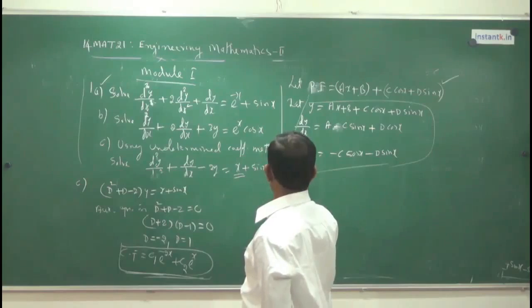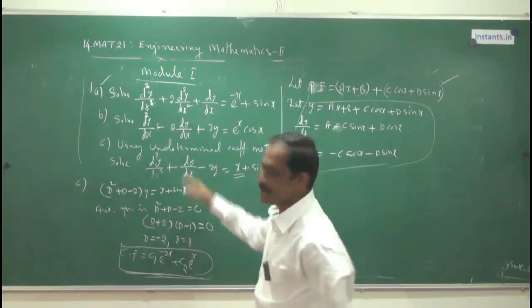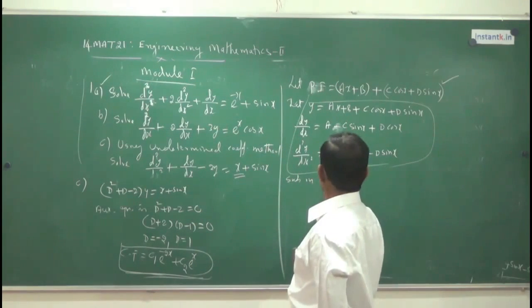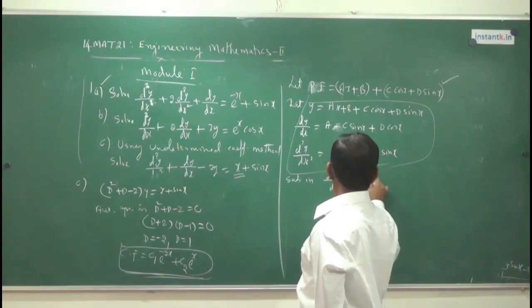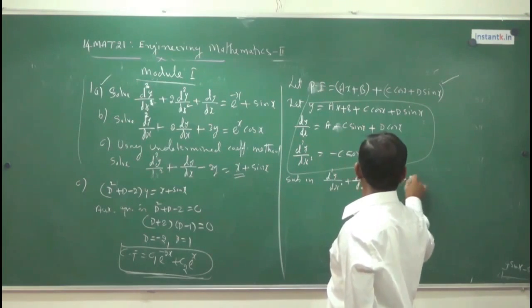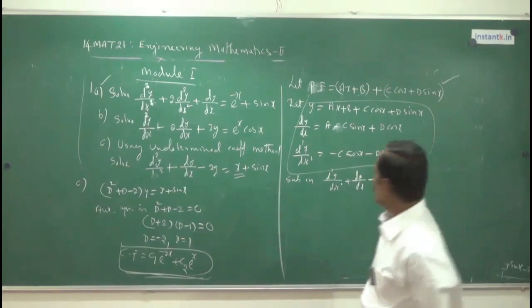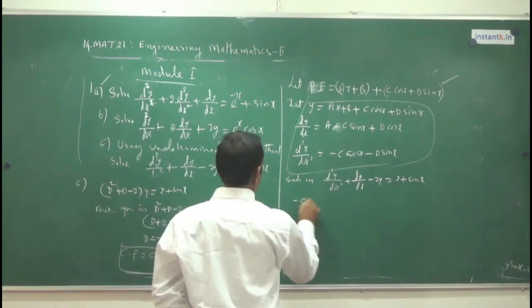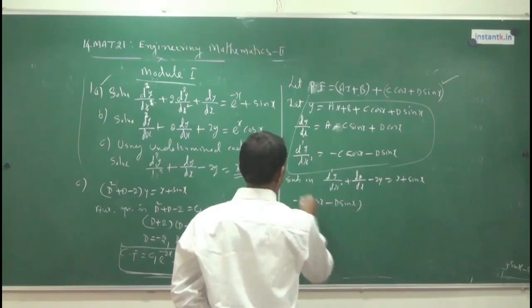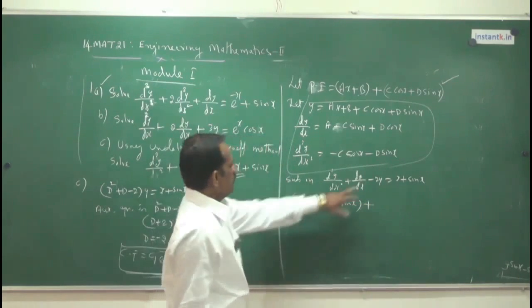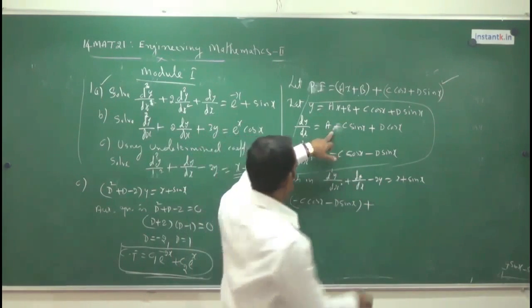What is given? Substituting in the given equation, d squared y by dx squared plus dy by dx minus 2y equals x plus sin x. So the second derivative is written as minus c cos x minus d sin x, plus dy by dx. What is dy by dx?